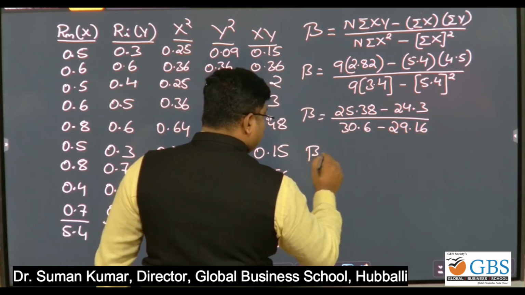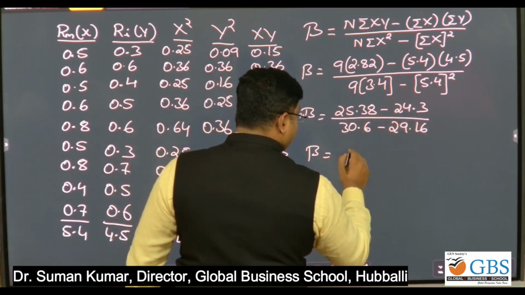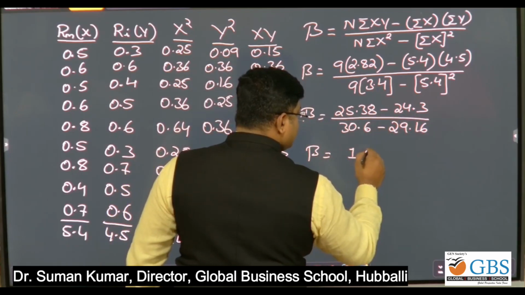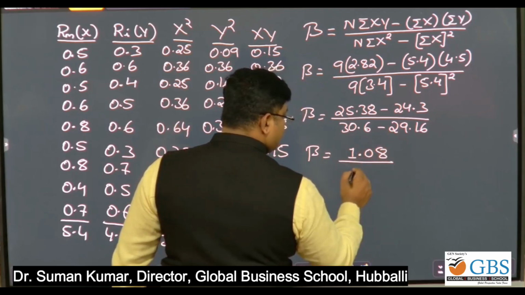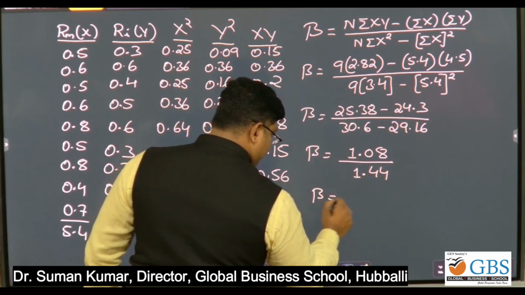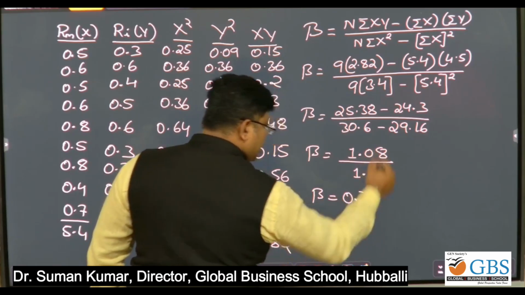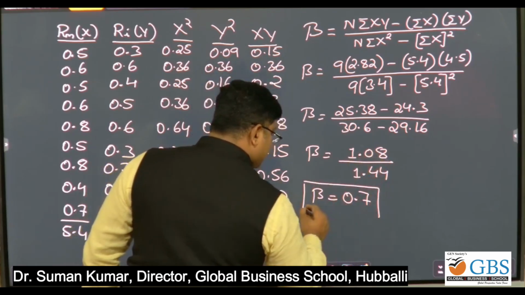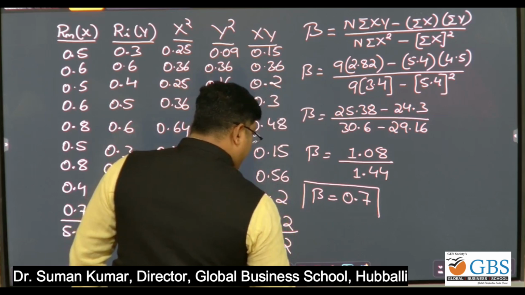So beta is equal to 1.08 divided by 1.44. Divide this and you'll get 0.75.